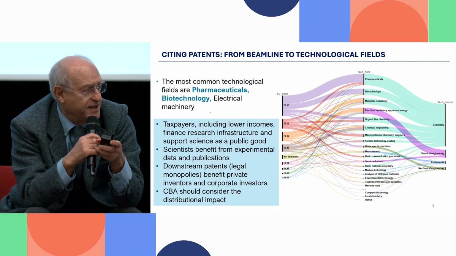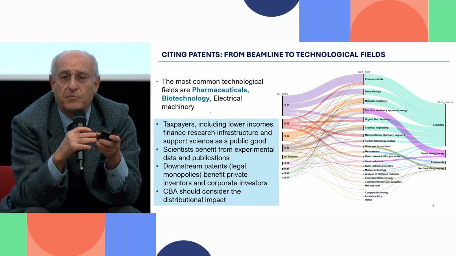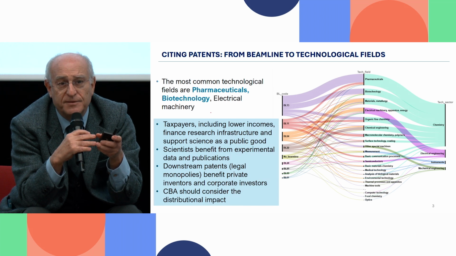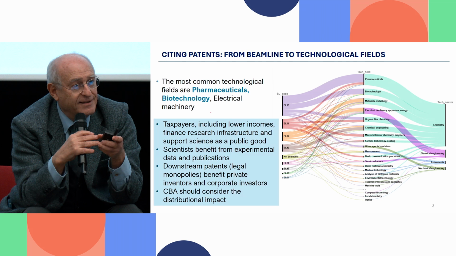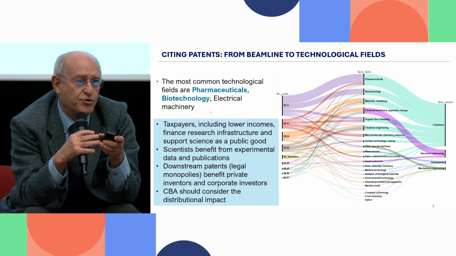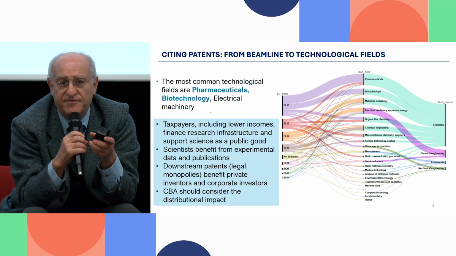And you may think that everything goes well because profits in the end are taxed, but this is not the case, because big pharma are famous for eluding taxes through the multinational structure and using tax havens.